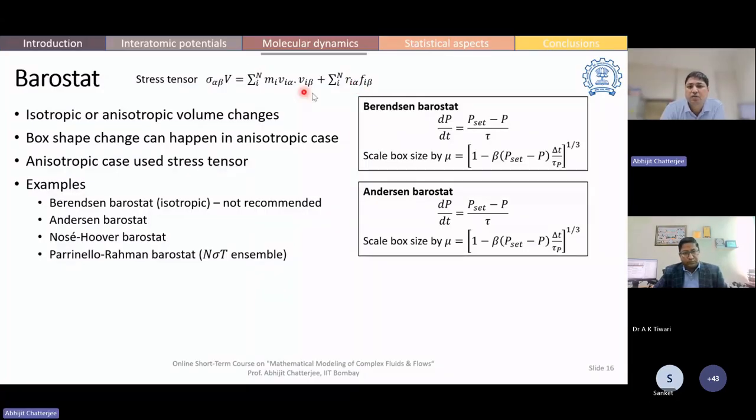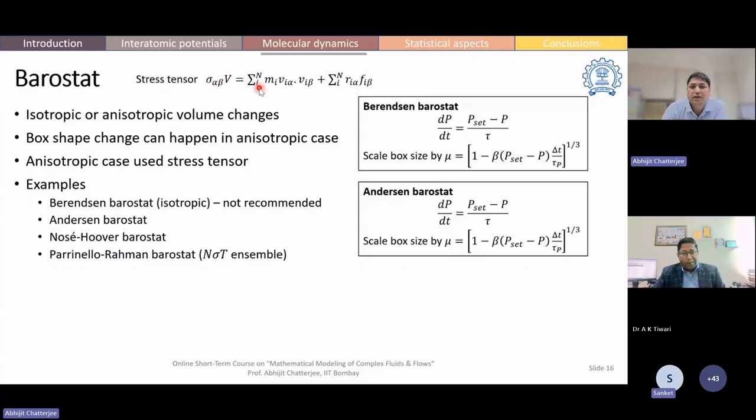So essentially, this is like a force balance being done to evaluate the overall stress which is acting on the system. And this stress is something which you might want to evaluate if you want to study the fluid properties.